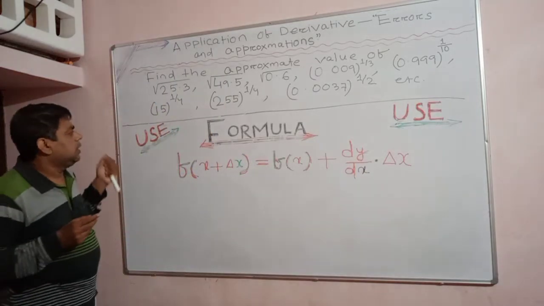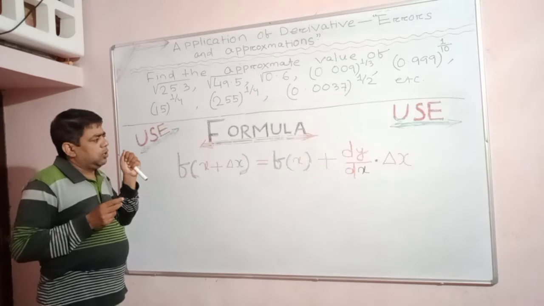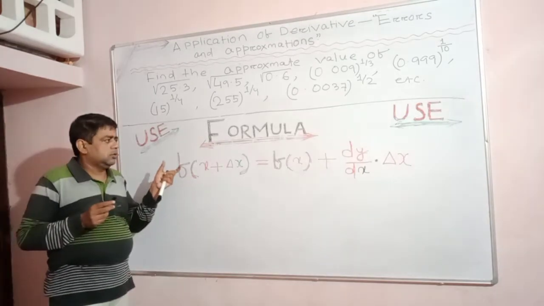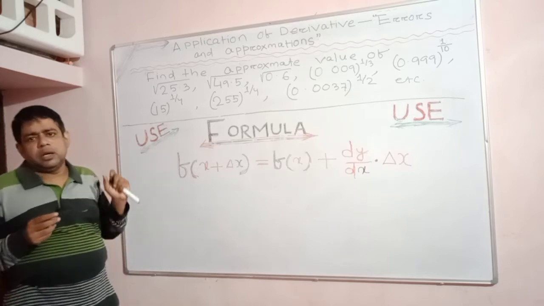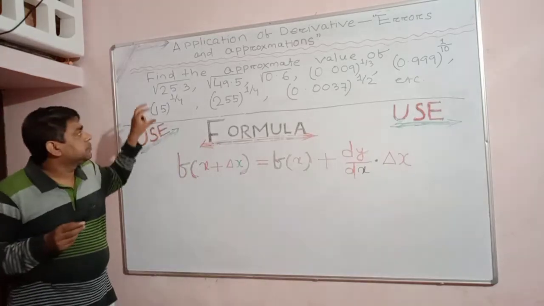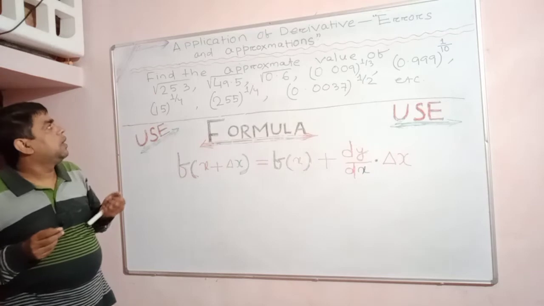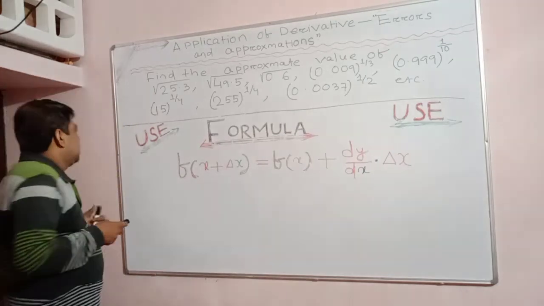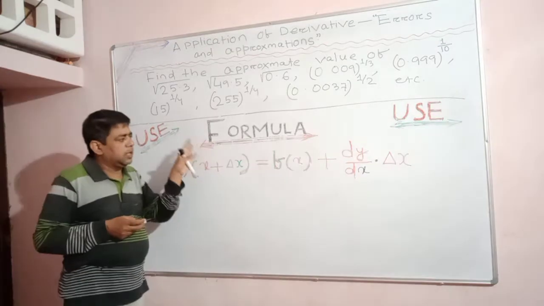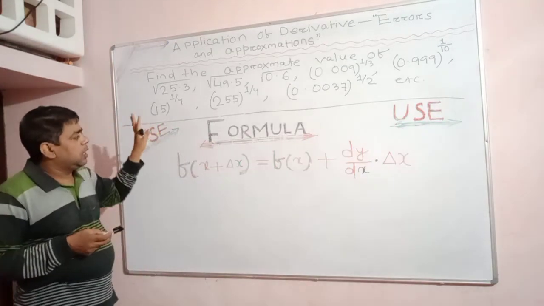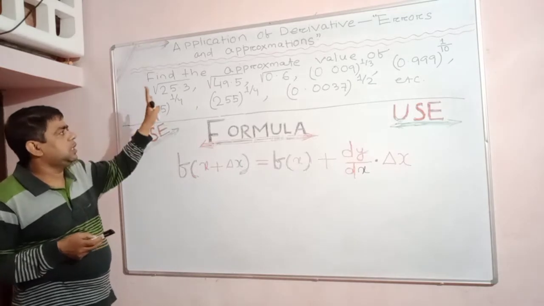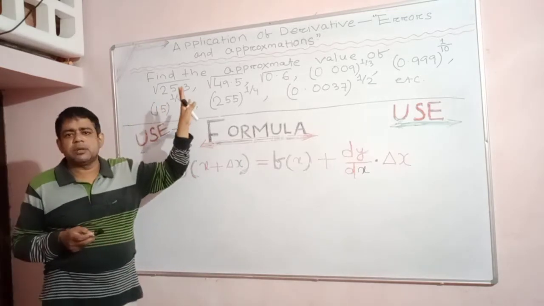You will find yourself comfortable finding these values using the concept of errors and approximation. Here, students, I am bringing you one of the important formulas, and only using this formula you can find out the approximate value of these numbers.